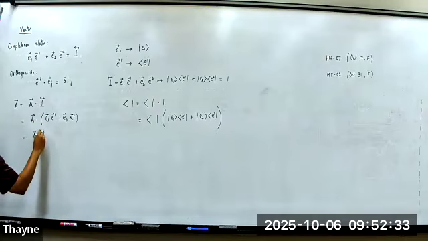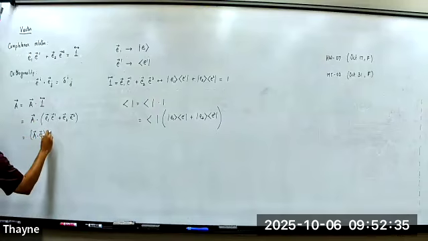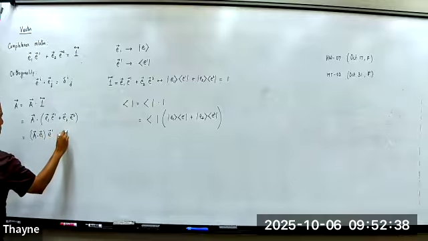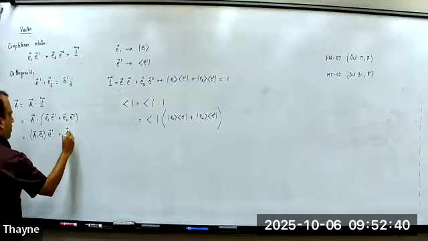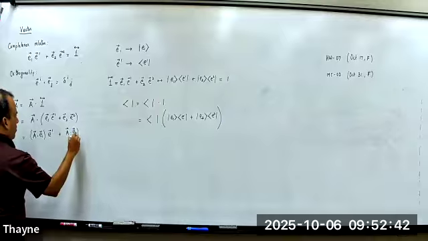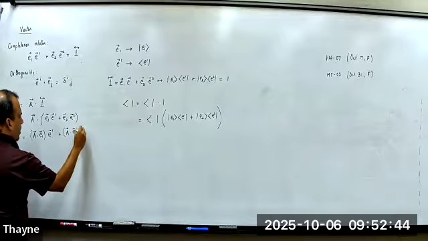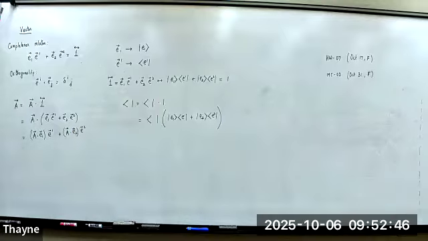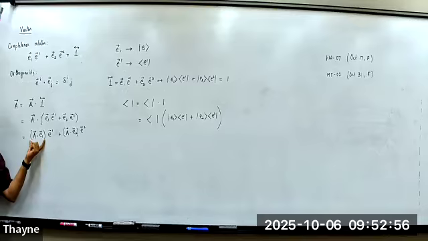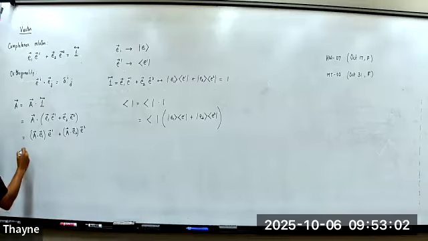This is A dotted with E1 times E1 plus A dotted with E2 and the direction of E2, right? Earlier we said this is being multiplied by 1, but now the language is that these are projections in the direction of E1. That I will define as my components.